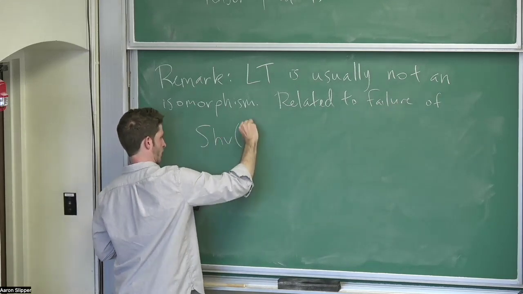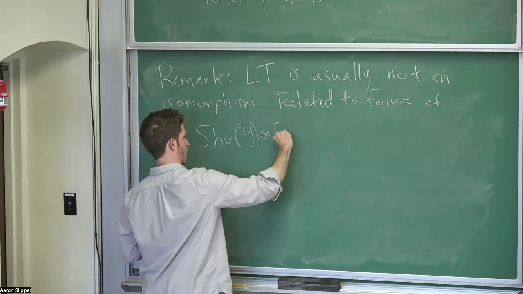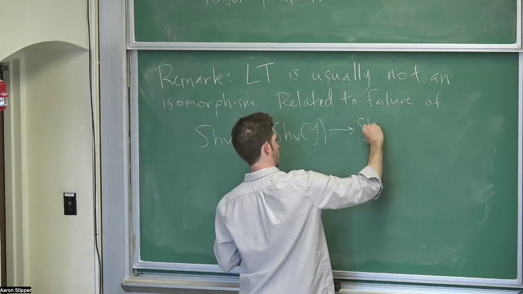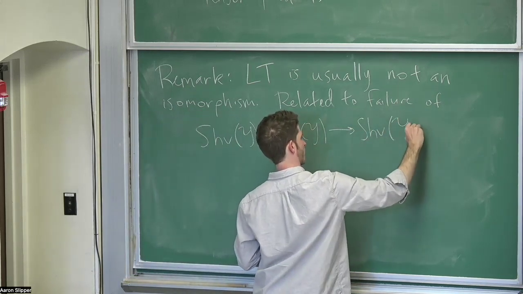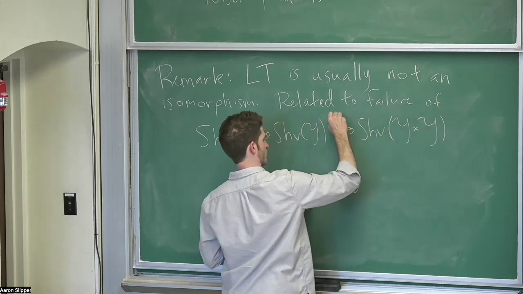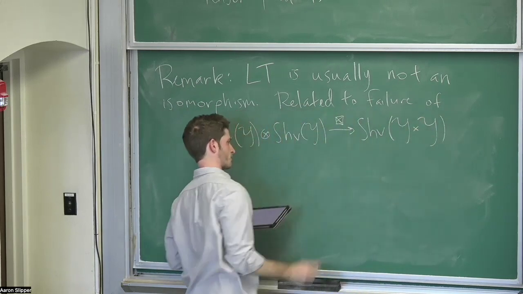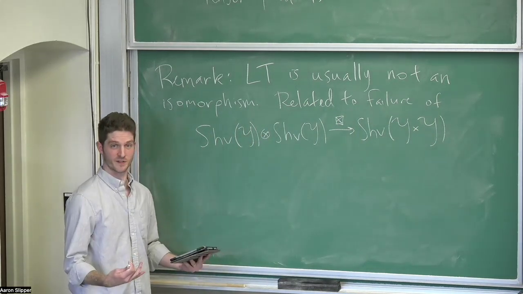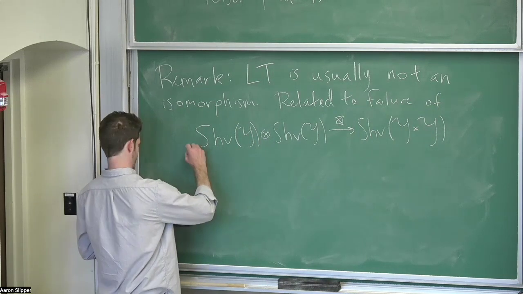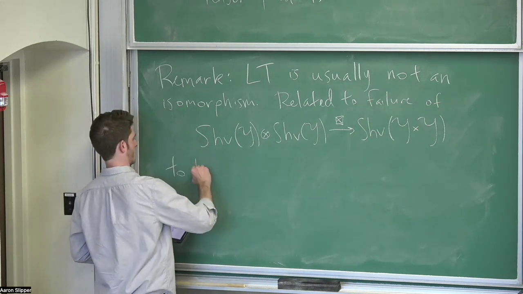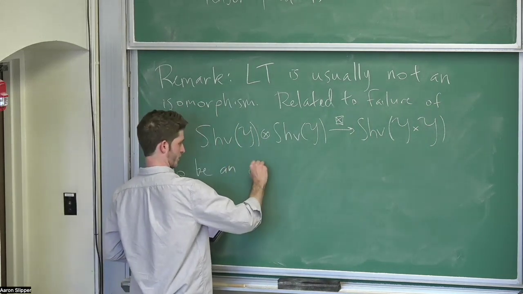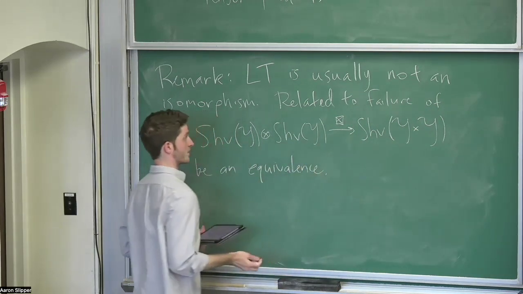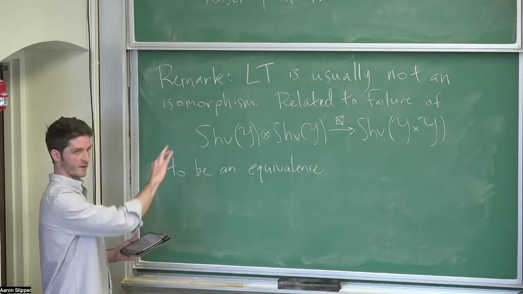There's a map from the tensor product of the category of sheaves on Y with itself to the category of sheaves on the Cartesian product of Y with itself, which is just using the box product, the external tensor product. And in the l-adic setting, it's typically not an isomorphism. My understanding, at least, is that the failure of local term to be an equivalence is very closely related to this.